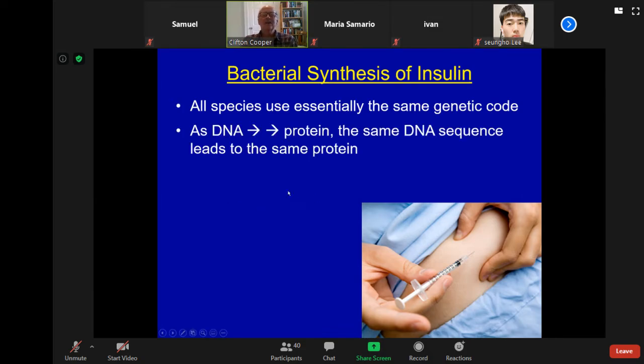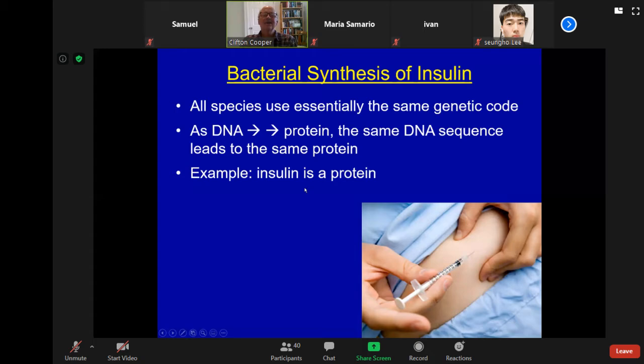So what will happen is that you have DNA, that is genetic code, and you can go through several steps and get to a protein. And essentially, the same DNA will lead to the same protein no matter what organism the DNA is in. There's more to it than that, but that's the general idea here.